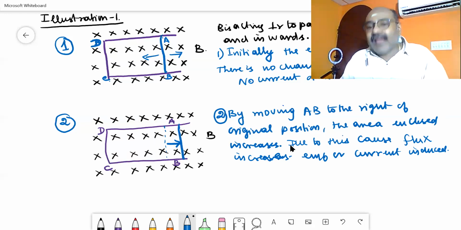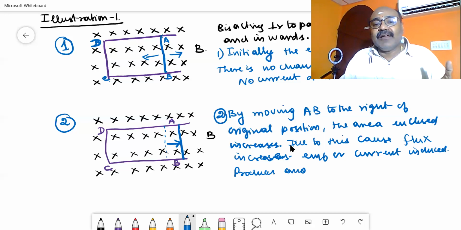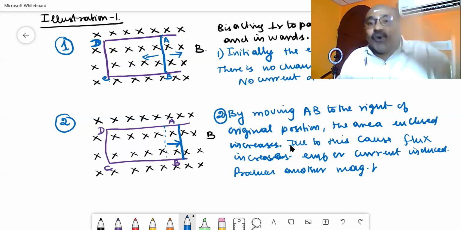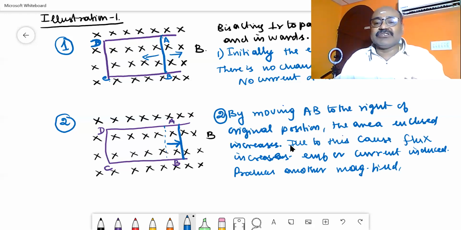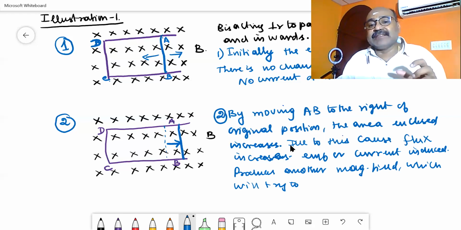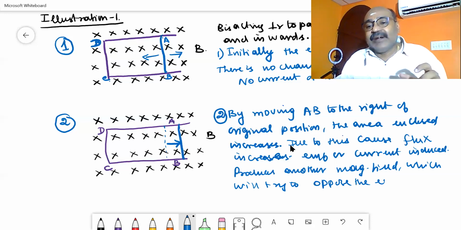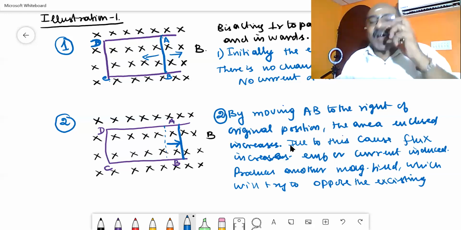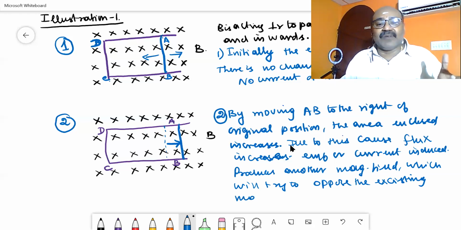So this induced EMF or current produces another magnetic field, which will try to decrease that flux, which will oppose the existing magnetic field.